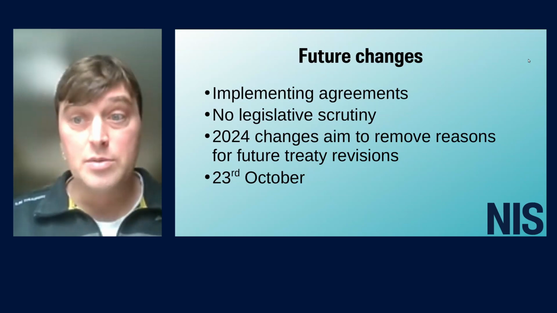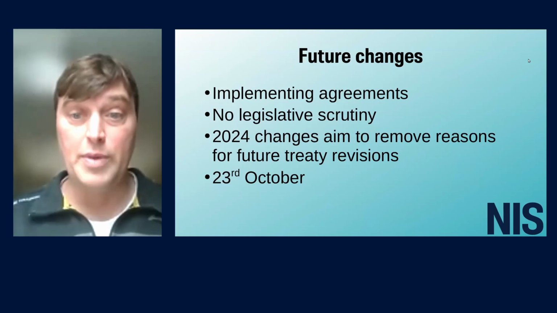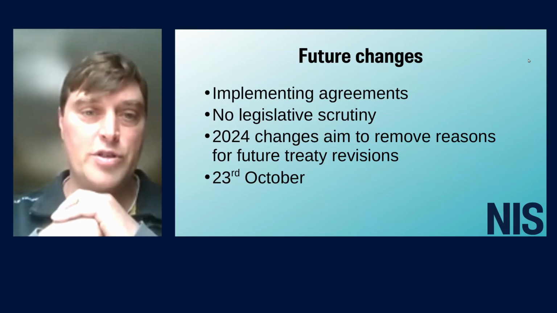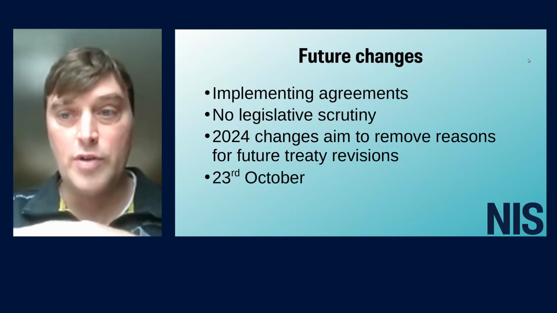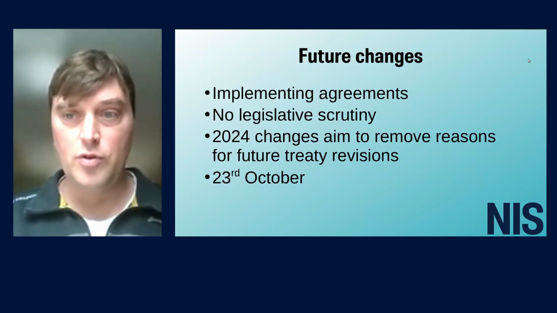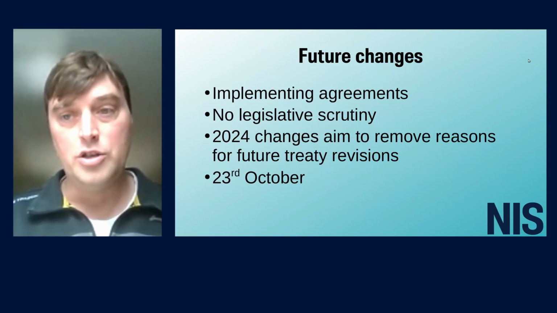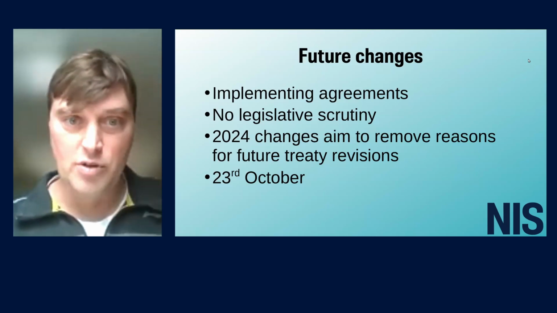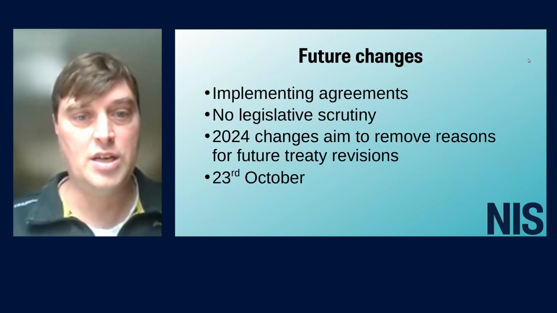My expectation is that because these are not treaties as such, they're implementing agreements, they won't be subject to the same level of legislative scrutiny. So the US Congress has to approve all treaty changes, and there's a mechanism in the UK Parliament for the Parliament to object to treaties that are going to be signed. So I would expect that the implementing agreements would not be subject to that kind of scrutiny.